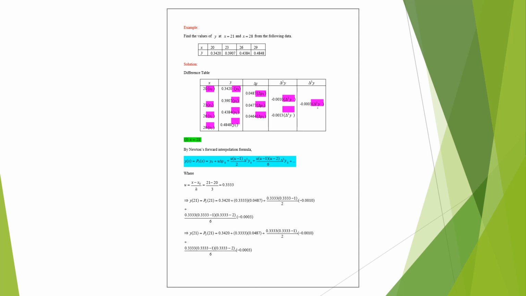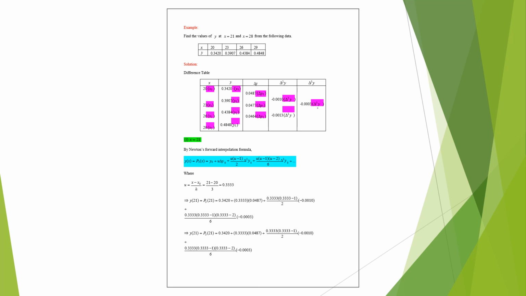So 0.4384 minus 0.3907, which is equal to 0.0477. And we have to find out the delta y2. That is the difference between y3 and y2. So 0.4848 minus 0.4384, which is equal to 0.0464. So these are the first differences of y.